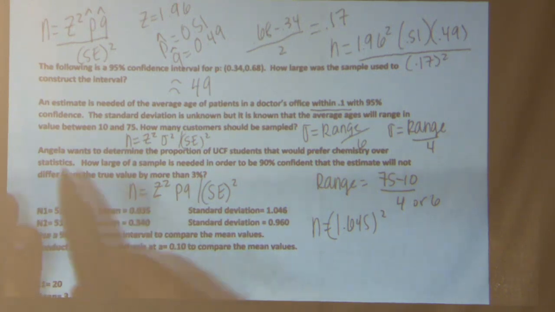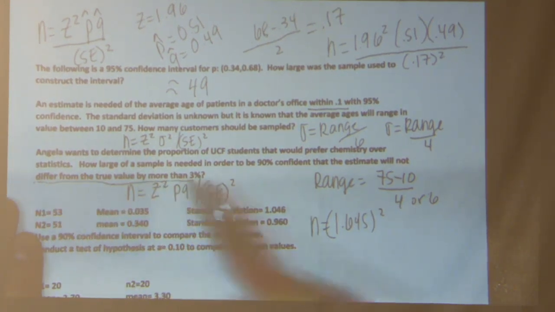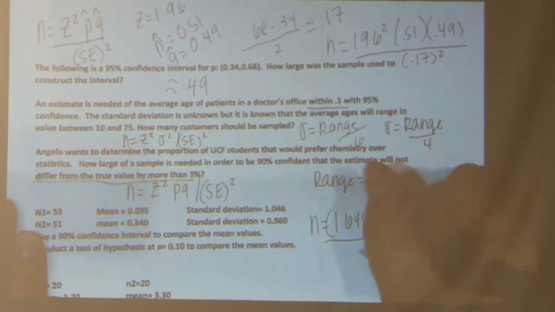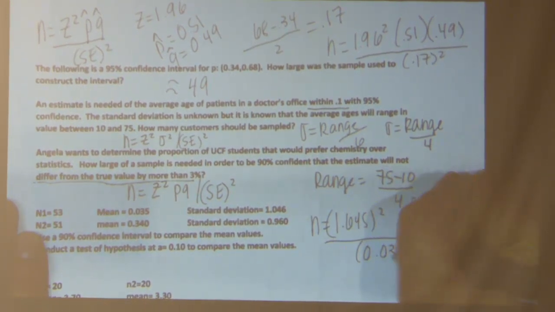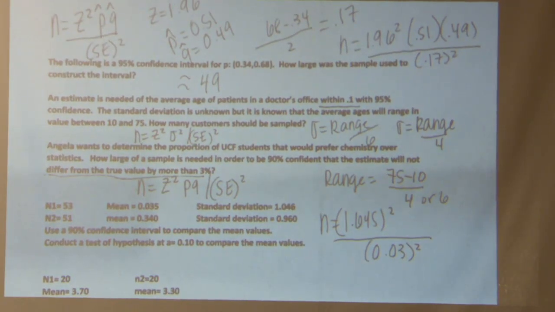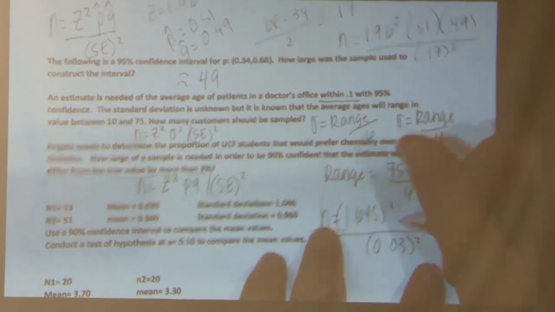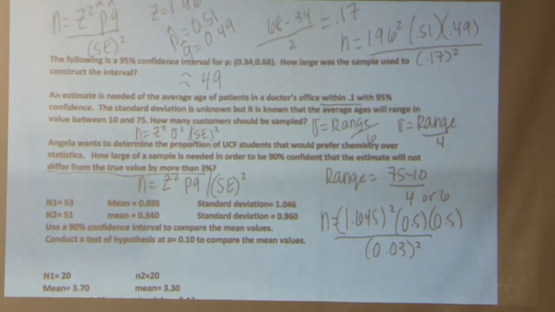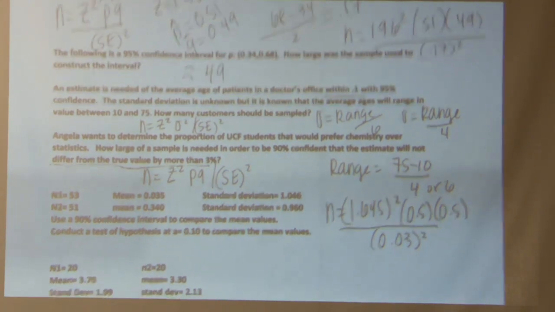The not differ from the true value by more than 3%, that's going to be your sampling error, which, like I said, we can't keep as 3. We're going to have to put it as 0.03. If we don't know what our p and q value is, we're going to use 0.5. And then that's how we'd solve for that one.